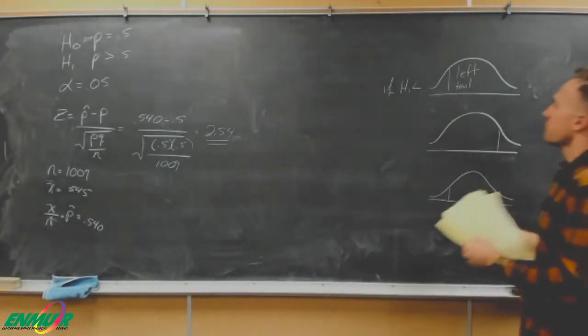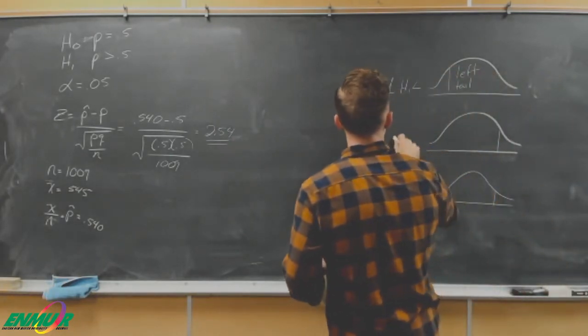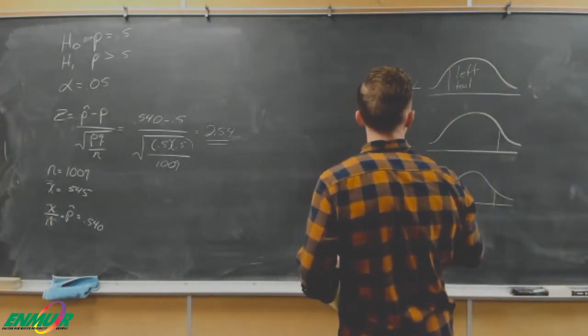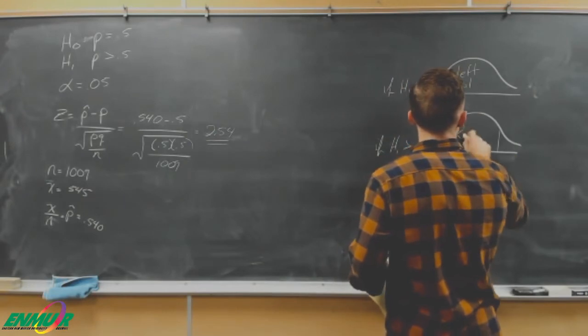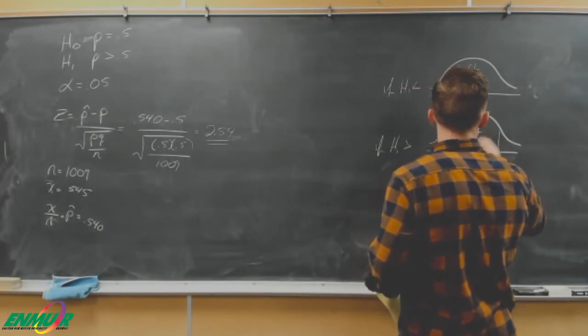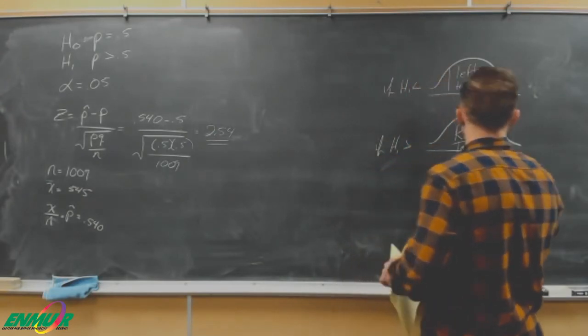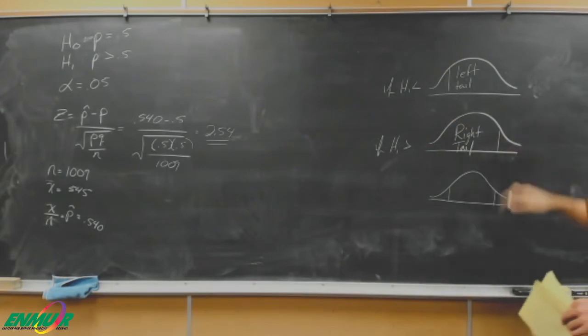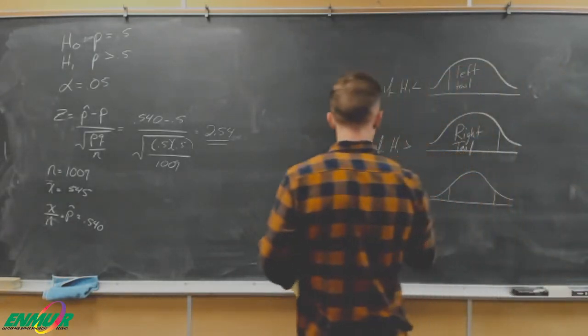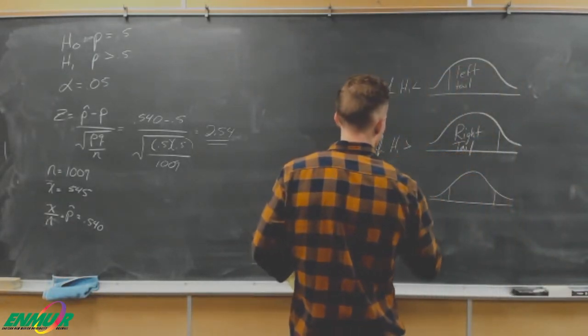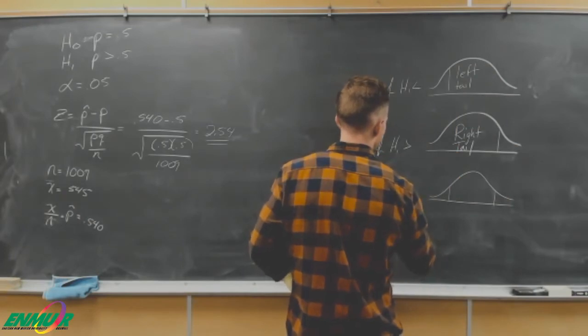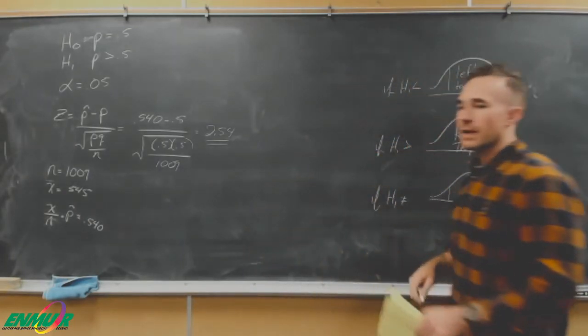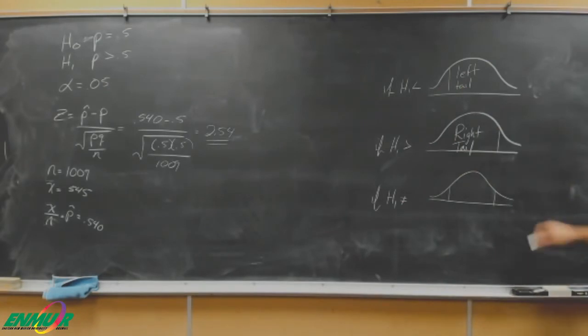If my alternate hypothesis is greater than, I'm going to have a right tail. That's referring to this piece over here. That's my critical region. And then if my alternate hypothesis is not equal to some value, that's going to be a two-tail test, which means I'm going to have critical regions on both sides.